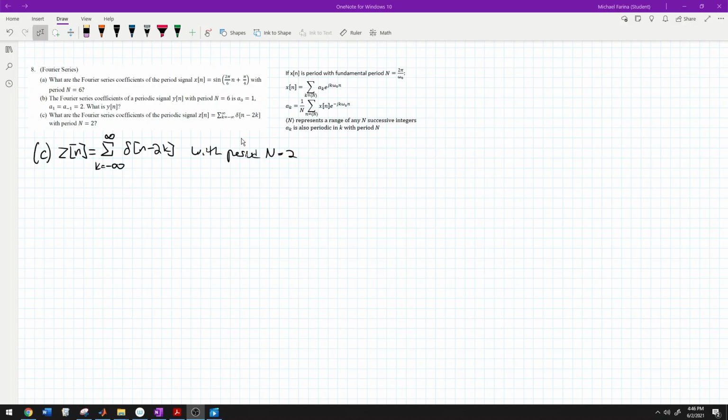So if we took a couple values, let's do z of 0. Well, that's going to be equal to the sum over k of delta of minus 2k.